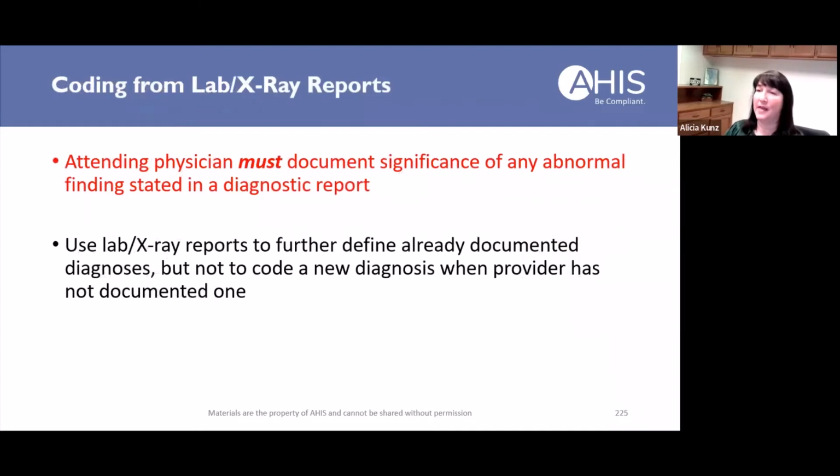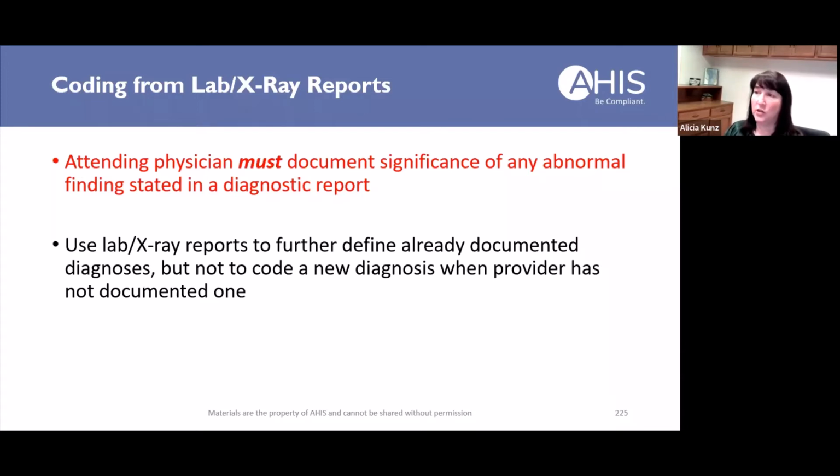Coding from labs and x-ray reports. We don't code from them, but what we use those for is to give us further specificity to a diagnosis. So for instance, if a physician documents that somebody has a fracture of their right femur, and that's all the information they're giving us, but we have an x-ray that says it's a right intertrochanteric femur fracture, we can then use that information within the x-ray to further define the physician's diagnosis of a femur fracture.